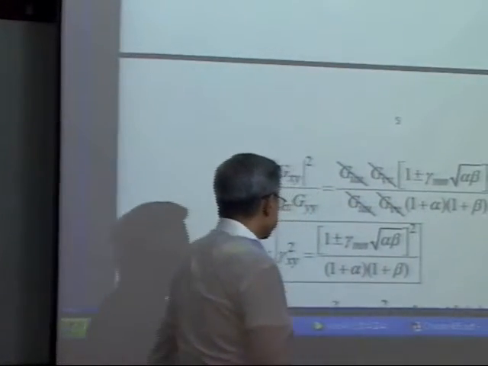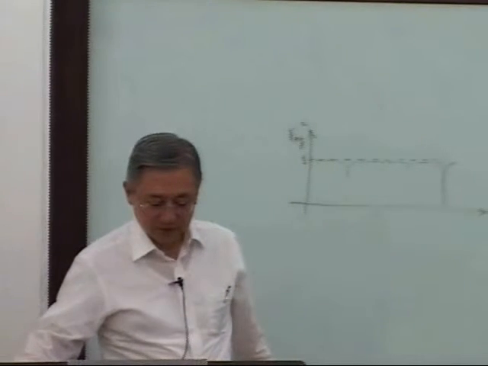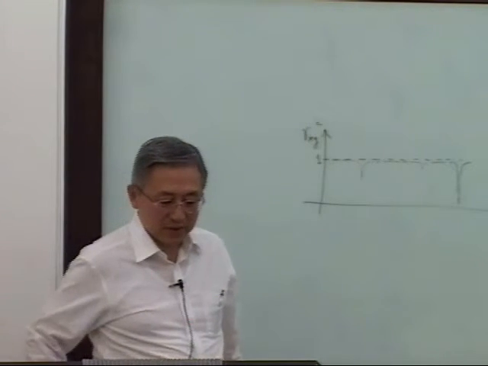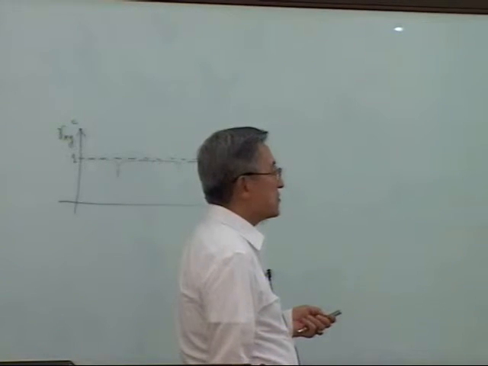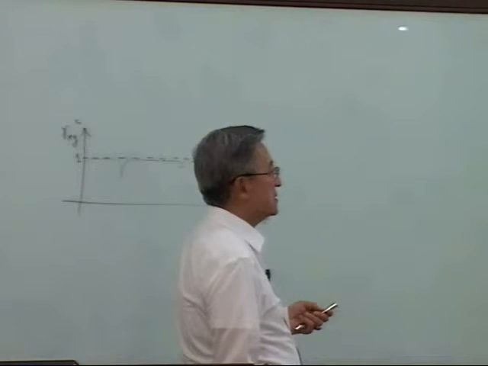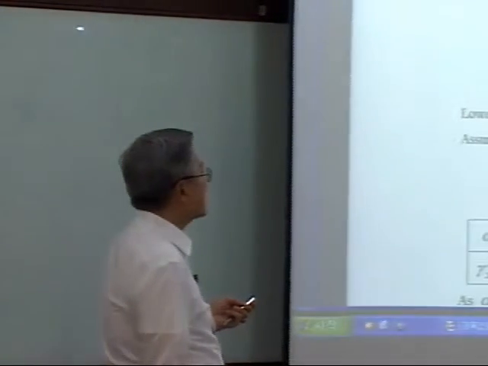Then you have a very simple final equation for gamma_XY squared. How do we achieve the lowest value for gamma_XY squared? That's the idea.